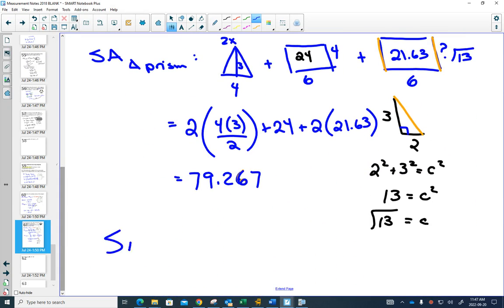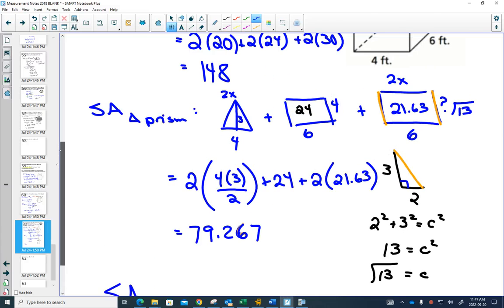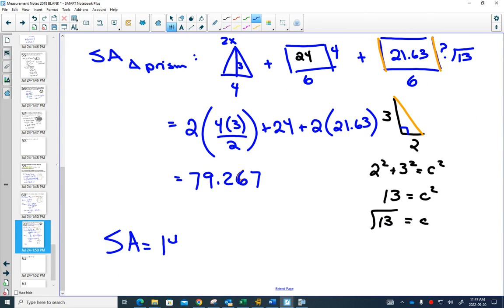So our final surface area, the first one, we figured out to be 148. Then we would add the 79.267. And finally, we have to subtract 2 rectangles. Can you see that those rectangles are 4 by 6? And so they'll be 24.